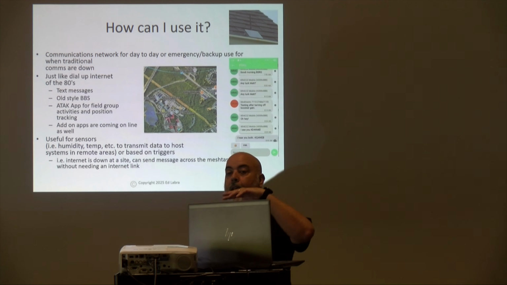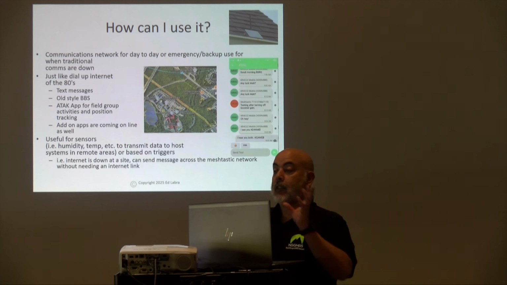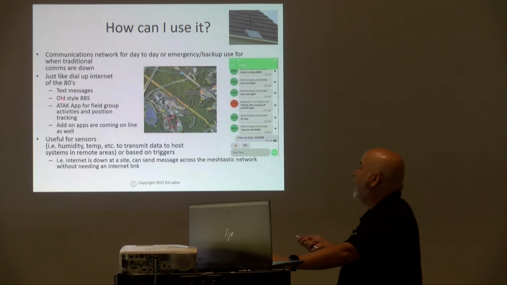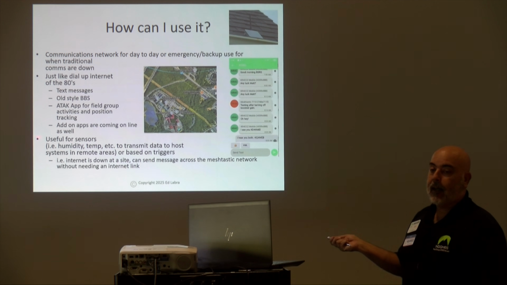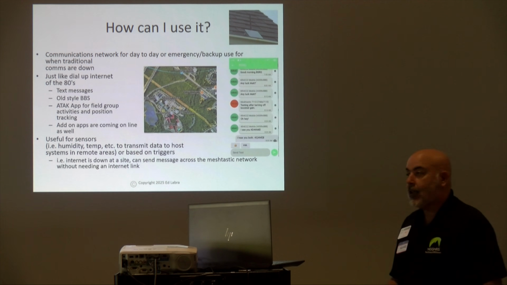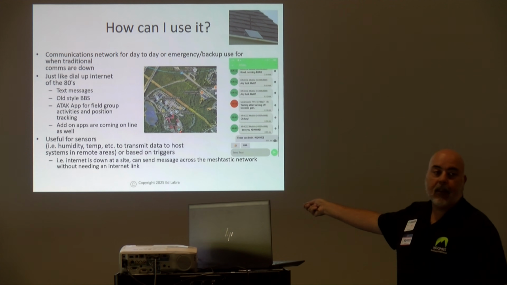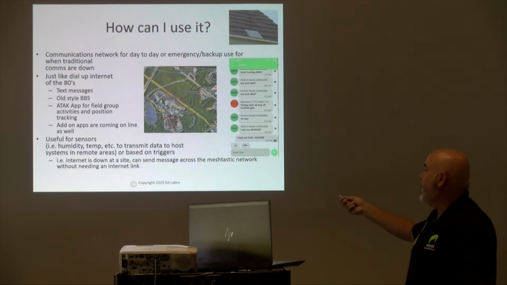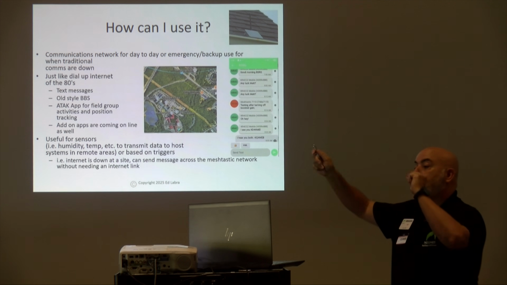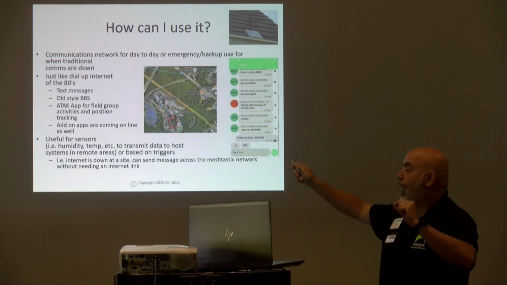Because it is a communications protocol, people are building other apps on top of it. There's an app called ATAK. I don't remember what it stands for, but it overlays maps, and it uses the Meshtastic, the LoRa connection, to superimpose your location on the map.